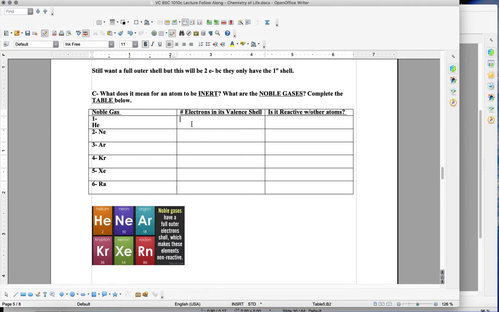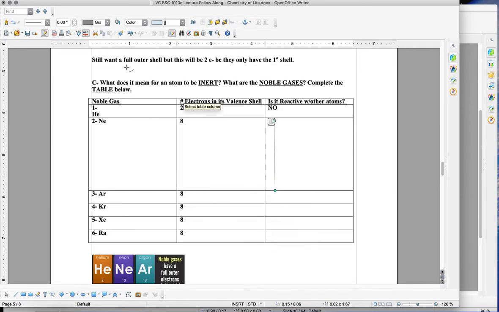All right, and then the number of electrons in the valence shell are going to be 2 for helium because it only has that first shell, and then 8, 8, 8, 8 and 8. And then is this reactive with other molecules? No. And that would be the same all the way down here. None of these are going to be reactive.